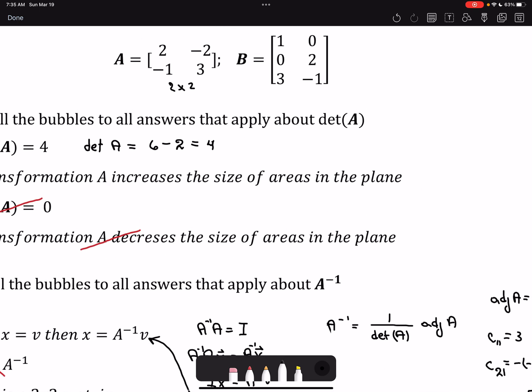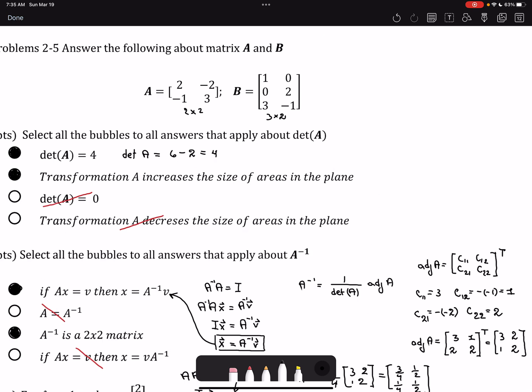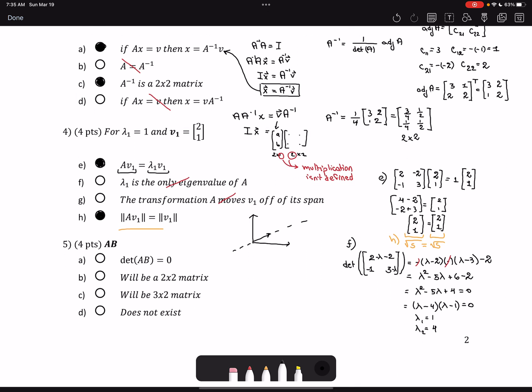And we have that this is a 2 by 2 and this is a 3 by 2 because we count the rows first. So the product would actually not be defined. So definitely we could not calculate the determinant. And so these are not true because you would not get a product out of it. And this is true. It does not exist.